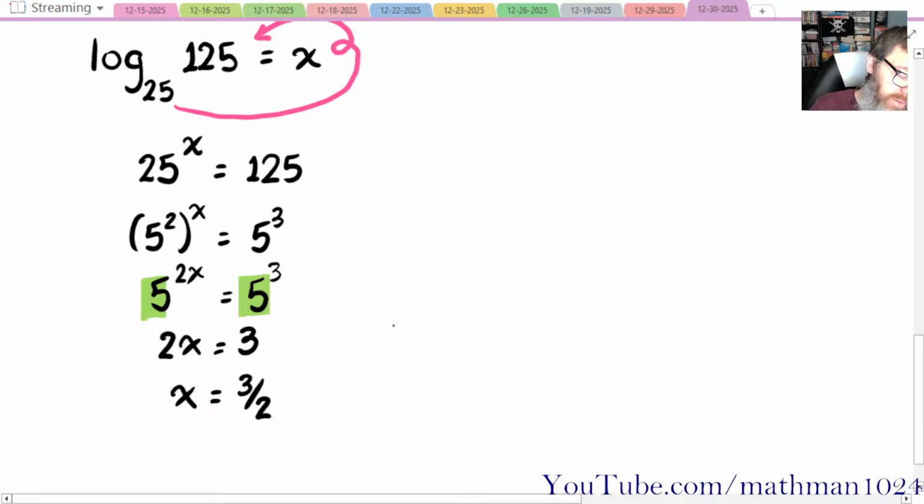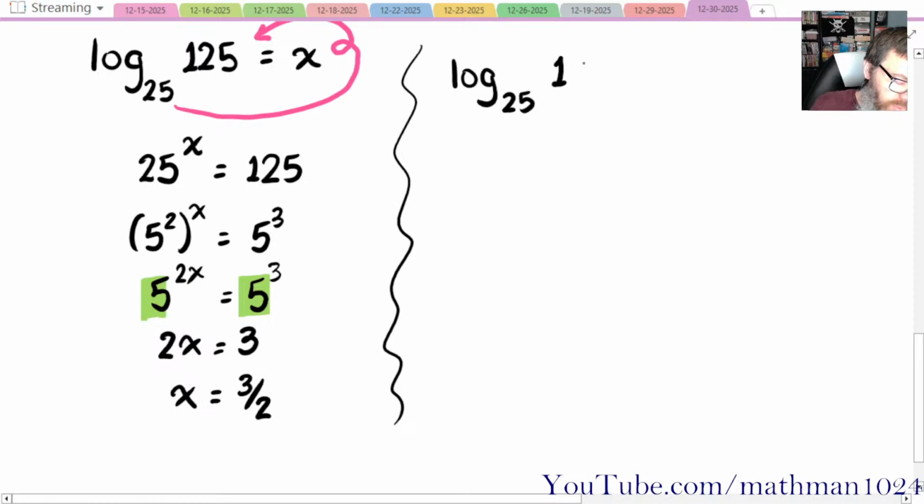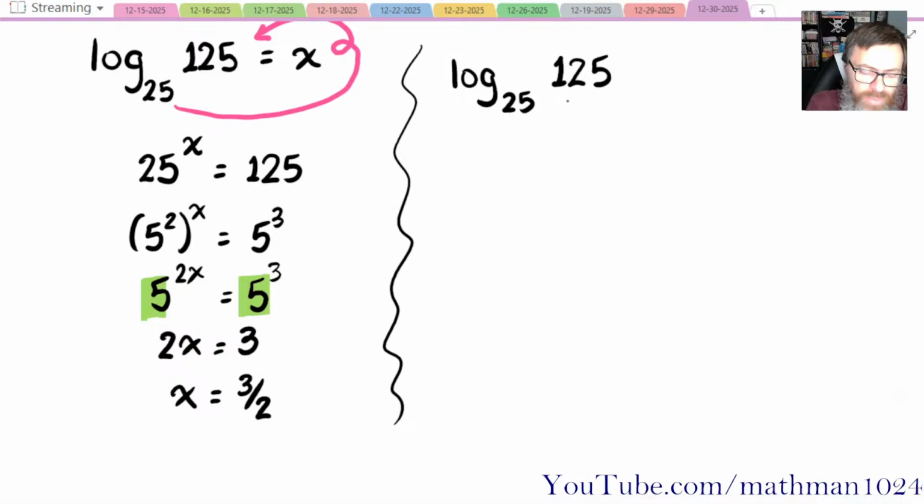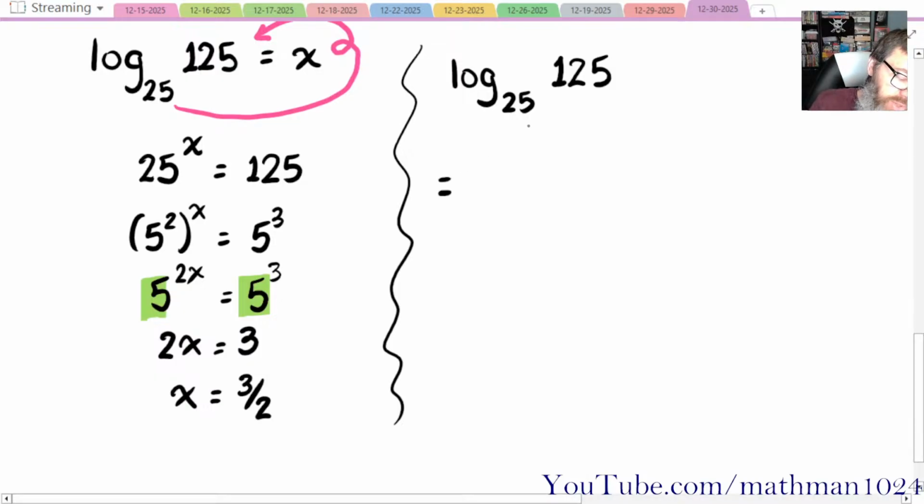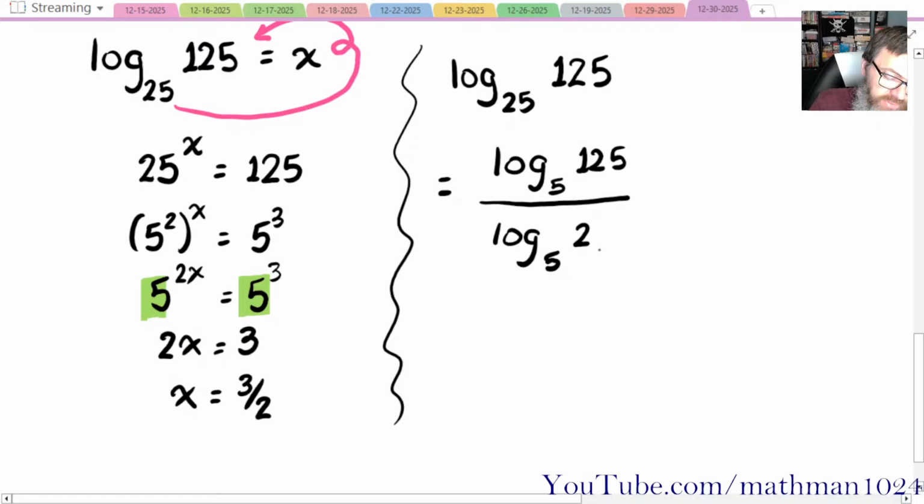But there is another way that we can do this, and that's by using the change of base theorem. Now, in order to do the change of base theorem, you still have to be able to think about the problem the way that we did here on the left side. Is there a base that's common for 25 and 125? We already know the answer is yes, and that common base is 5. So the change of base theorem up above says I can do log base 5 of 125 over log base 5 of 25.